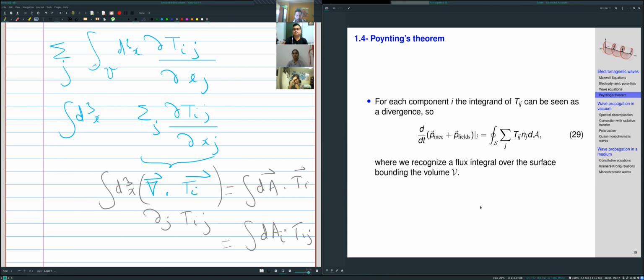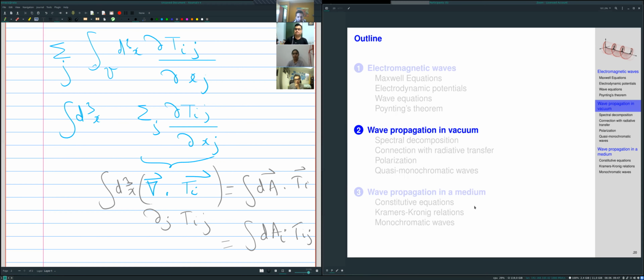So this is a very brief introduction to waves. Next, we need to look at the propagation of waves in vacuum, especially the idea of polarization, which is super important in astronomy.